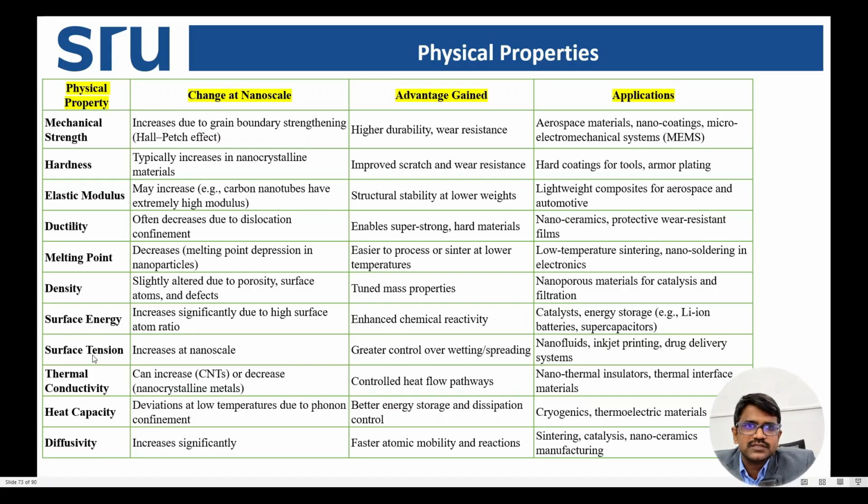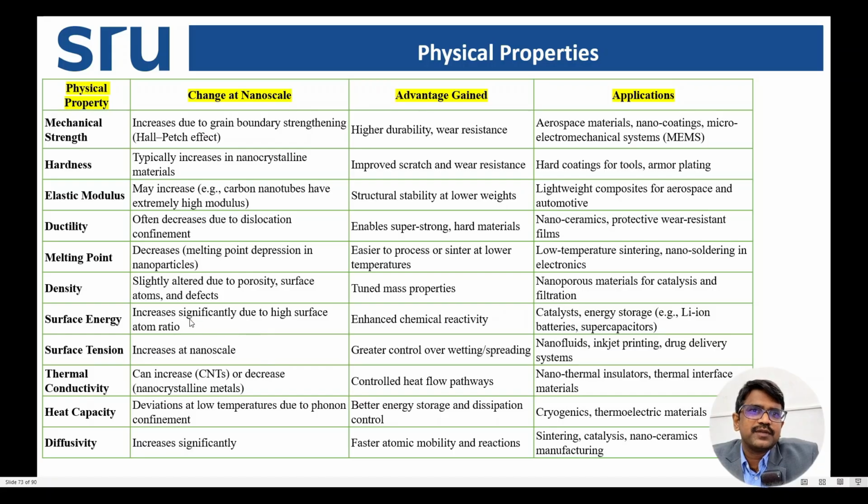And then surface energy, which we have discussed. Nanomaterials provide high surface area and high surface energy. This surface energy increases significantly due to higher surface area, because in bulk materials the surface area is less and most of the atoms are inside the material. But in nanomaterials, all the atoms come to the surface, so the surface energy is more.